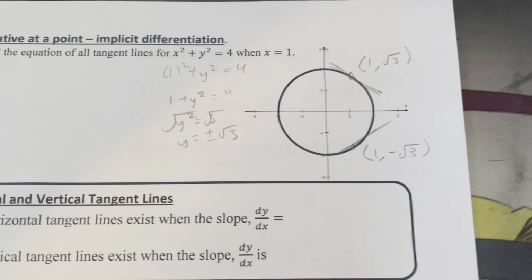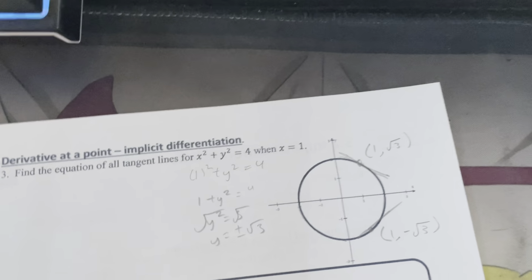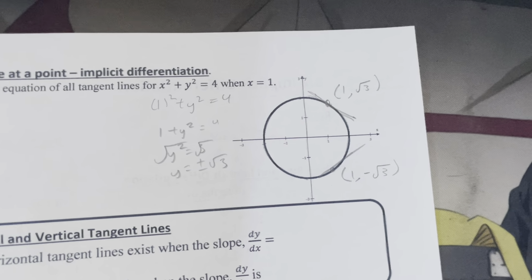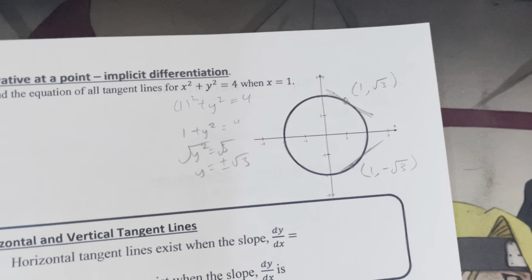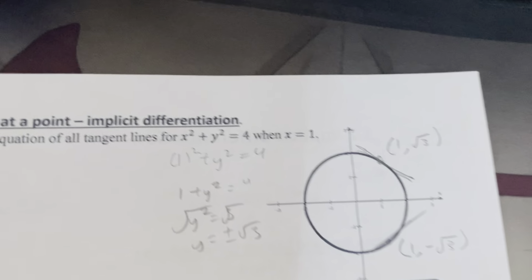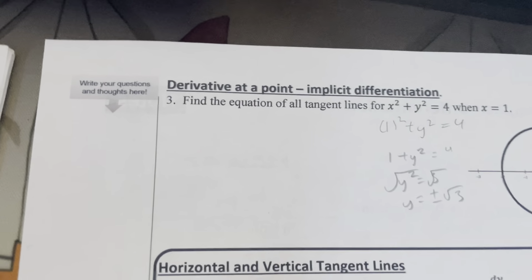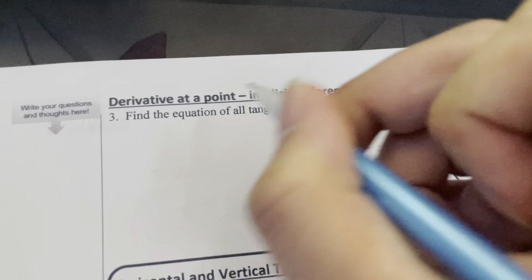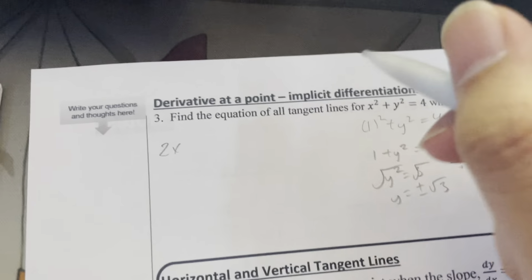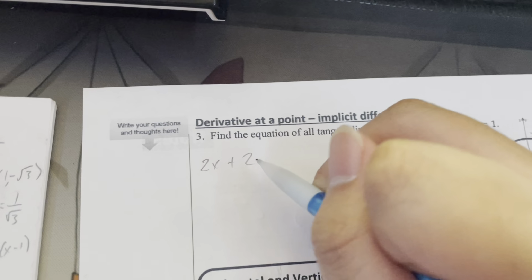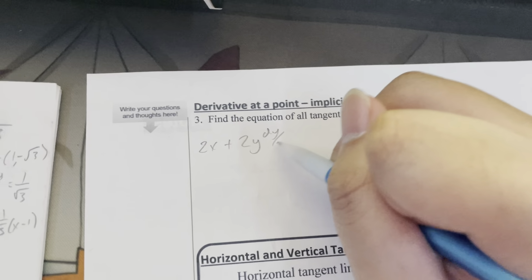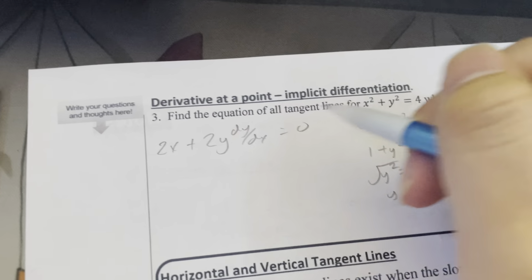Now that we have our points, we can start working on finding the slope. To find the slope, we need to find the derivative. So the derivative of this equation is 2x plus 2y dy dx equals 0.